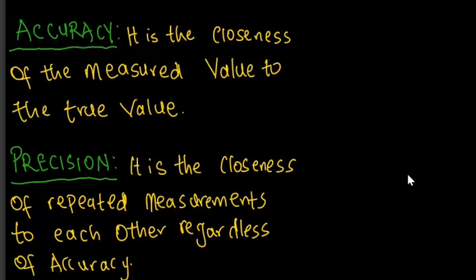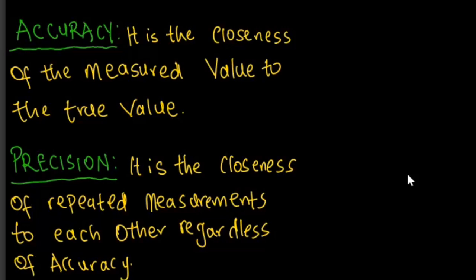So what is accuracy? As I defined earlier, accuracy is the closeness of the measured value to the true value. Let's say we have a metal rod whose length is 50 centimeters, and a student obtains 49.9 centimeters. That value is accurate because the measured value, 49.9 centimeters, is close to the true value of 50 centimeters.